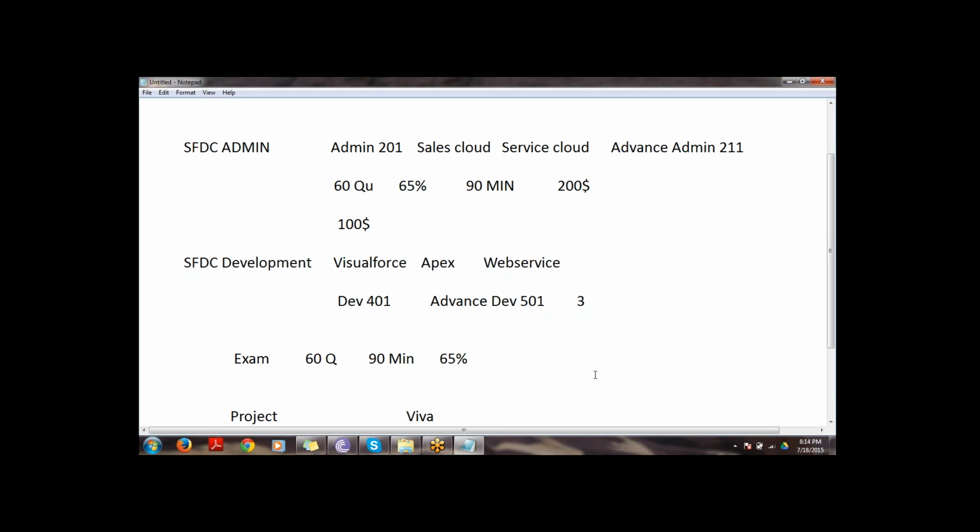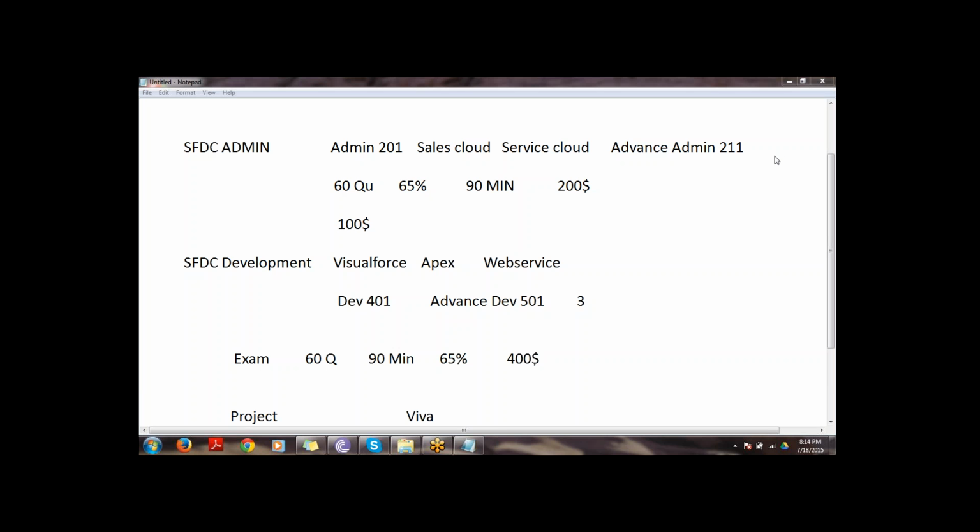Remember, guys, if you have the 501 certification, you are the king of Salesforce, because it is the toughest certification. To complete it takes a minimum of 6 months, and the registration fee is $400. Got it? These are all the modules and certifications available in Salesforce.